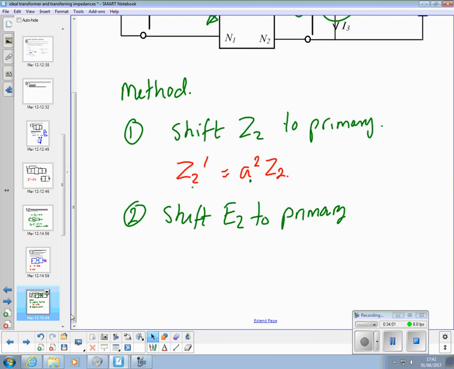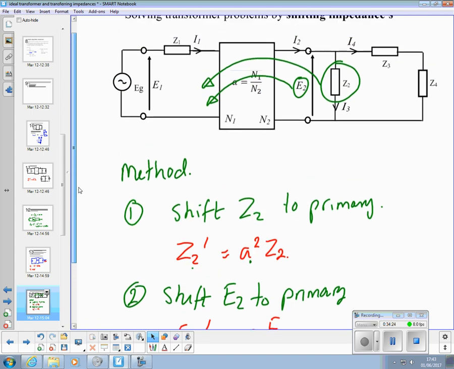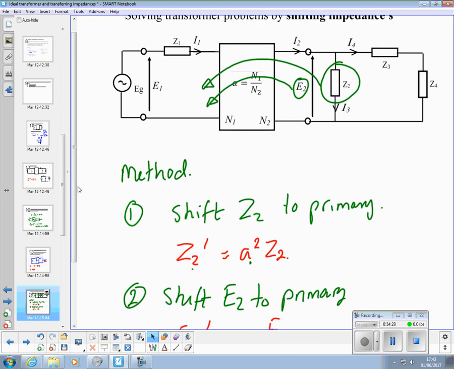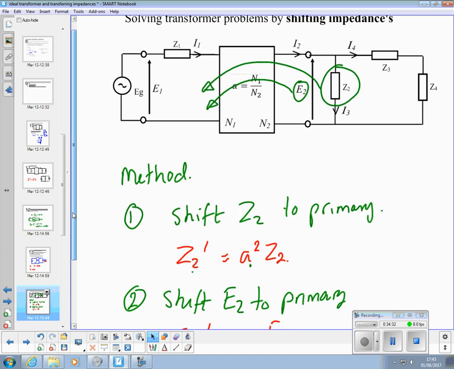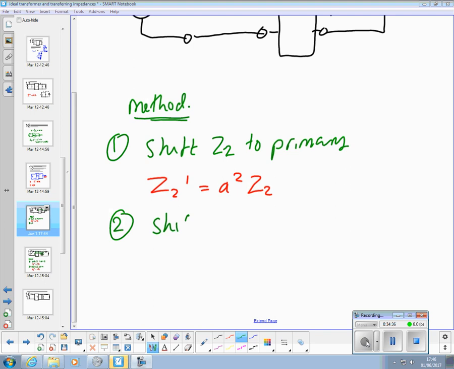And from what we talked about earlier, that would become E2 dash, and that would be equal to E2 over A. Essentially, E2 dash is equal to I times Z2.